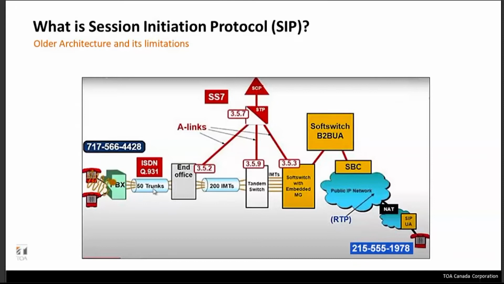Adding a feature in the old architecture is a nightmare, but compared to SIP, it's easy and deployable. So technology-wise, the solution is cut down so everybody can afford it. That's why SIP is the de facto technology now and in the upcoming days.